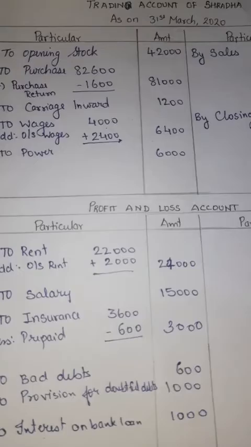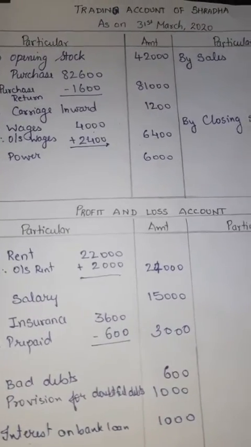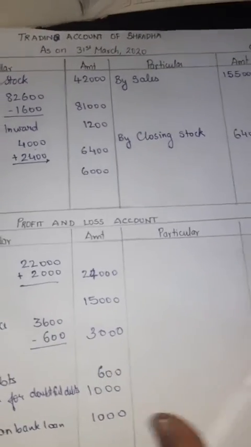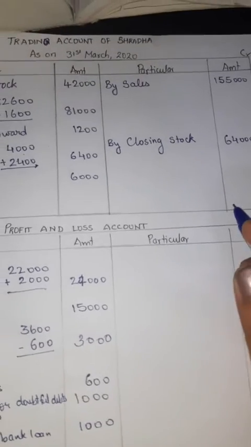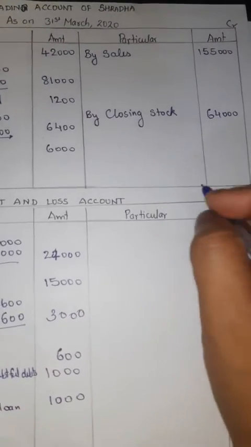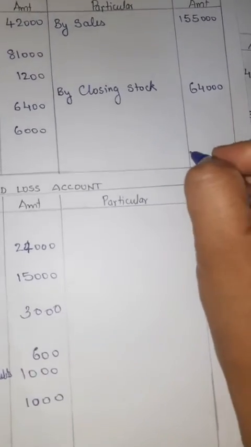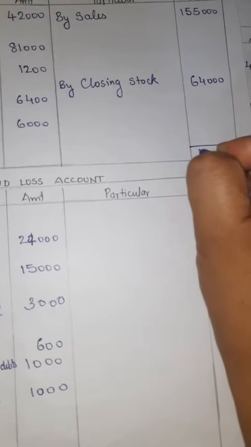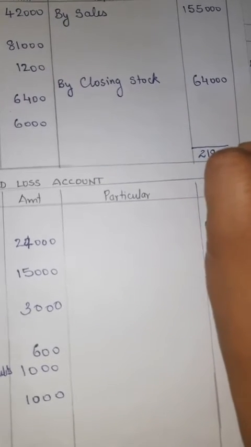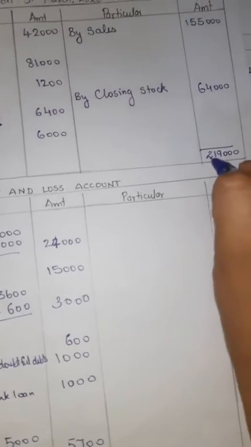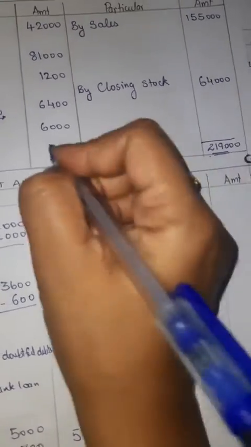Now the next part you have to do is the closing of accounts. When you close this account, you can find your credit side is more, and on the credit side you are getting the total amount as 2,19,000. Okay, double line.